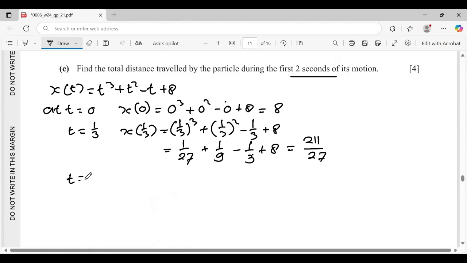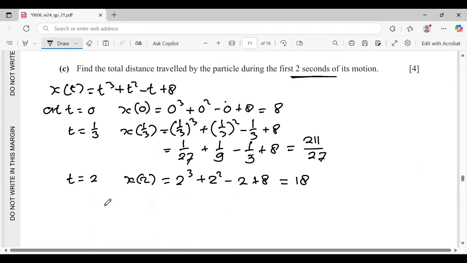And after that, t equals 2, based on this information, the first 2 seconds. So x(2) is 2 cubed plus 2 squared minus 2, this is 2, not 0, sorry, plus 8. And if you calculate, the result is 18.